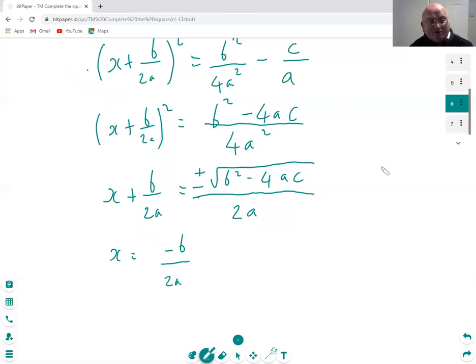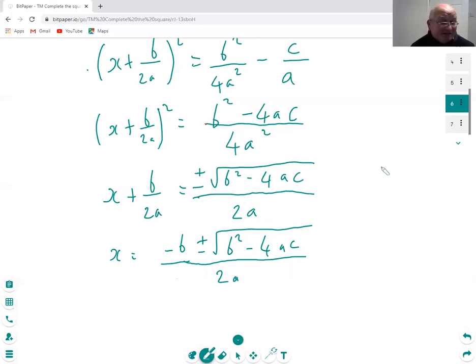We've got 2a on both sides now, and we don't need to do any messing around with the denominator here, because you've got the same denominator, which is 2a. I'm rewriting it, moving it a bit further over: plus or minus the square root of b squared minus 4ac. And that's what x equals.